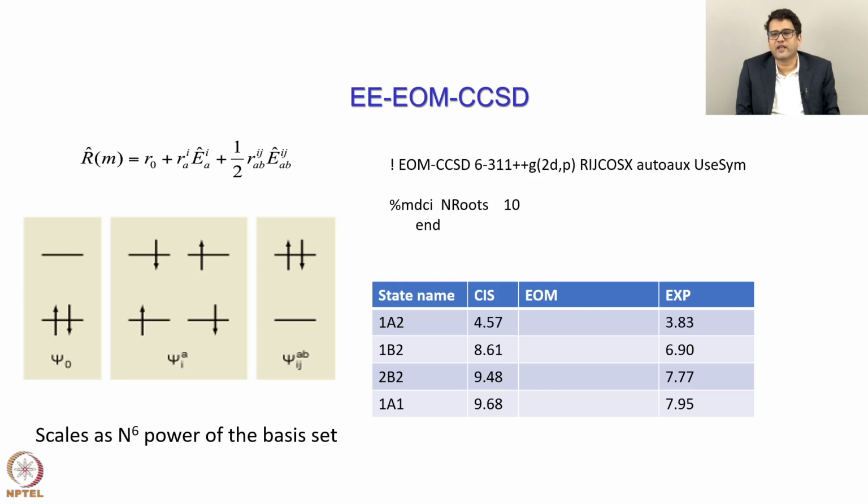So, everything looks the same. In place of TDDFT or maybe HF, you just write EOM-CCSD, and here they are called MDCI, matrix driven CI, and in the matrix driven CI block you give nroots equal to 10. Everything else remains the same.